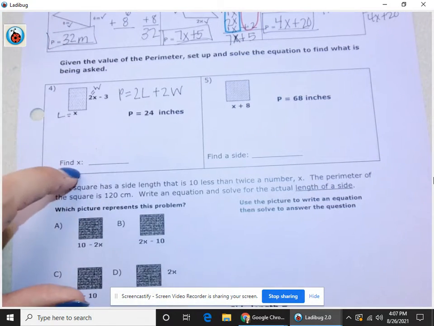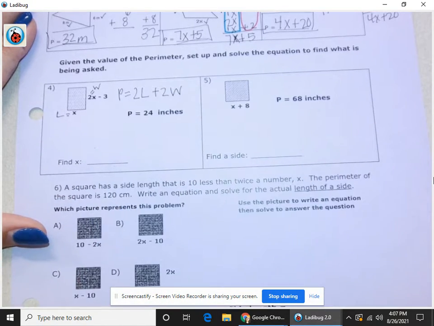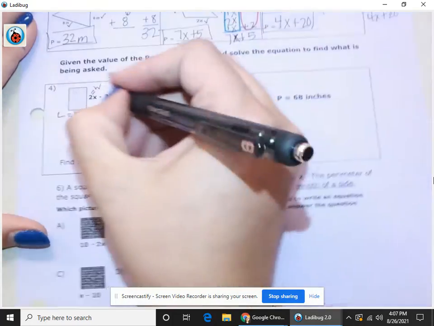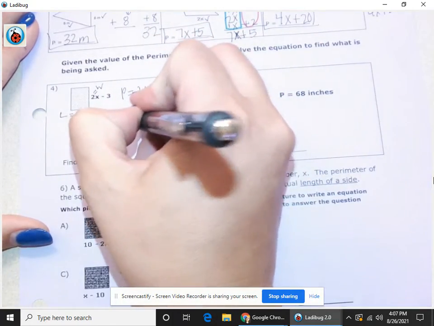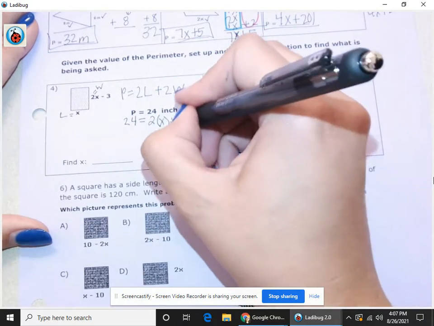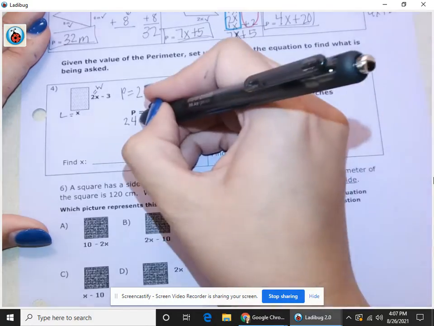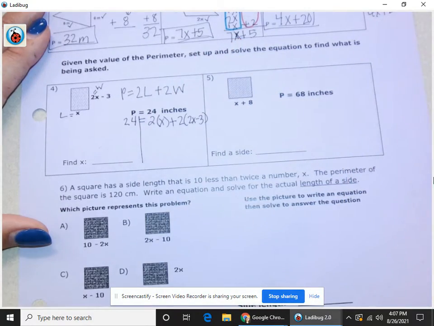Okay? I'm looking for x. I know my perimeter, I know my length, I know my width. Let's plug them all in. So I've got 24 equals 2 times my length, which is x, plus 2 times my width, which is 2x minus 3. And then all I'm going to do is I'm going to solve.